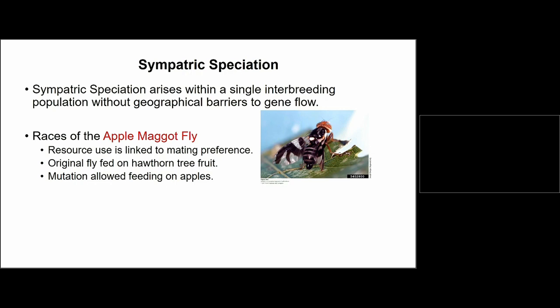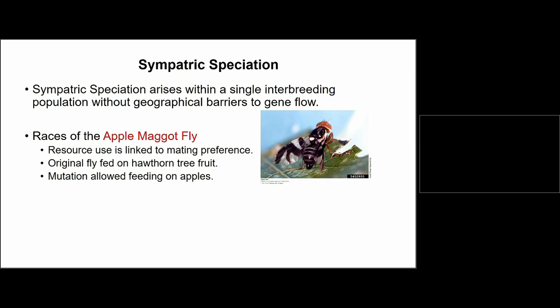If you know a little bit about these flies, they lay their eggs in the ripening fruit, which is a little softer than the final fruit. It turns out that apples ripen about 3 weeks sooner than hawthorns.